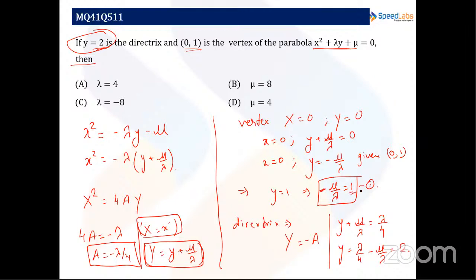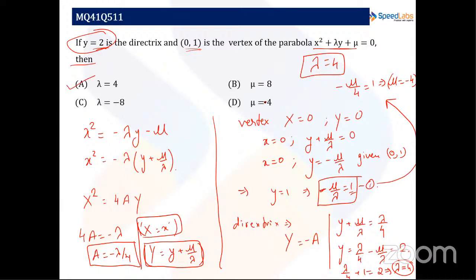And minus mu by lambda is 1, so lambda by 4 plus 1 is equal to 2, so lambda will be equal to 4. From equation 1, minus mu upon 4 equals 1, so we will have mu equals minus 4. So our option is A, and this is misprinted, so it is D.